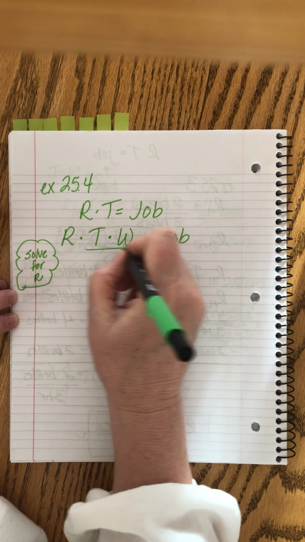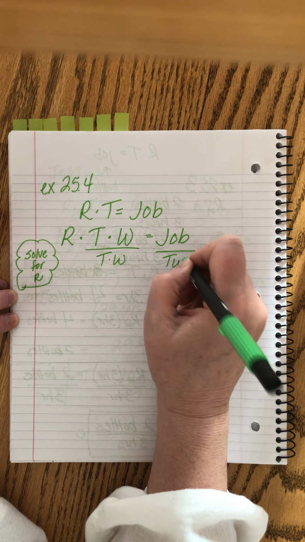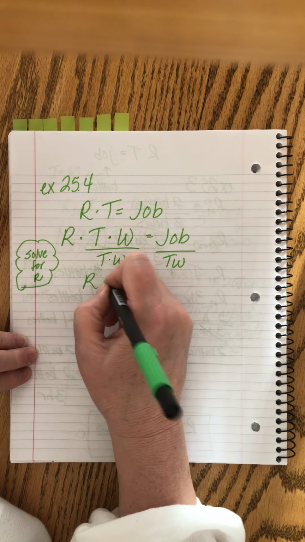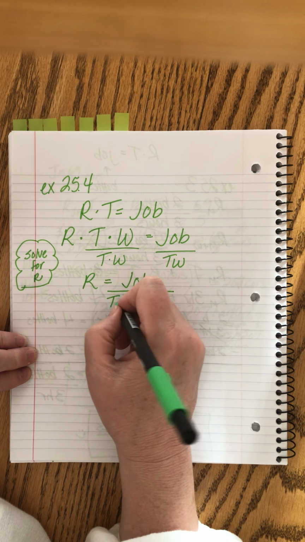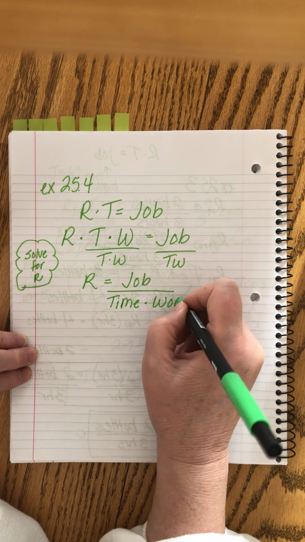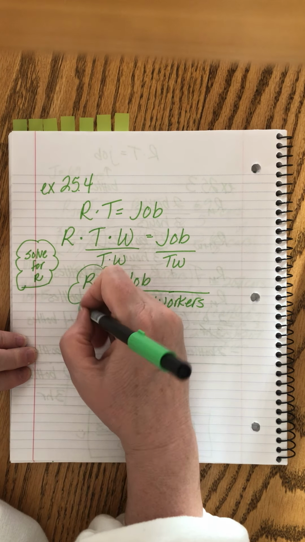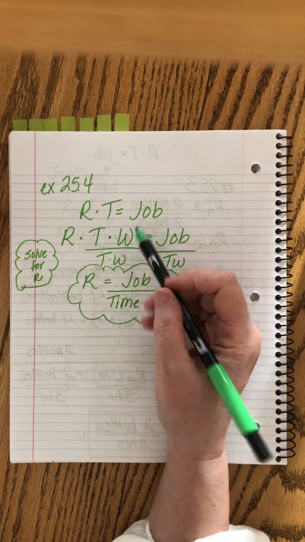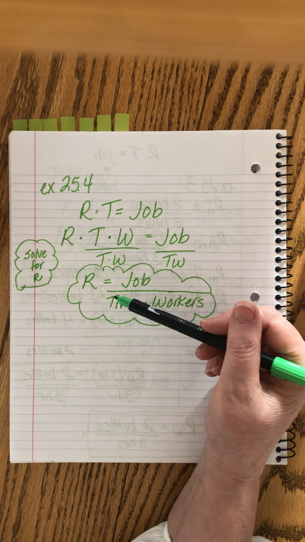And look, we can just take the formula and divide it by T times W and find that the rate is always equal to the job divided by the time times the workers. Okay, this is a very useful formula for doing these problems. We can back into it. We don't really have to memorize it, but it's helpful if you just keep that straight in your mind.